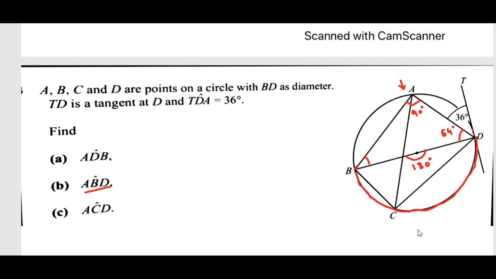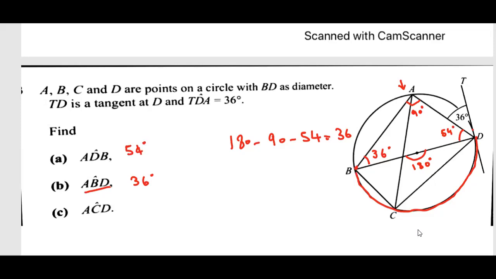So we have 54, we have 90 degrees. So 180 minus 90 minus 54 is going to give you the angle at B, and that would be 36. So this is going to be 36 degrees and ADB is going to be 54 degrees.